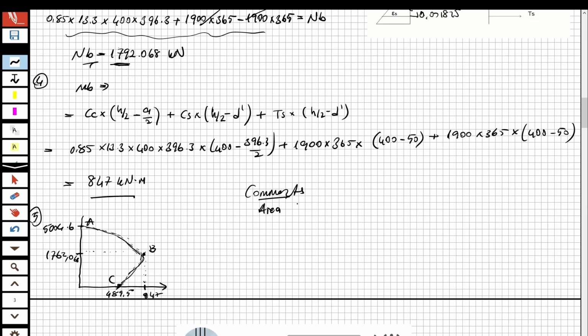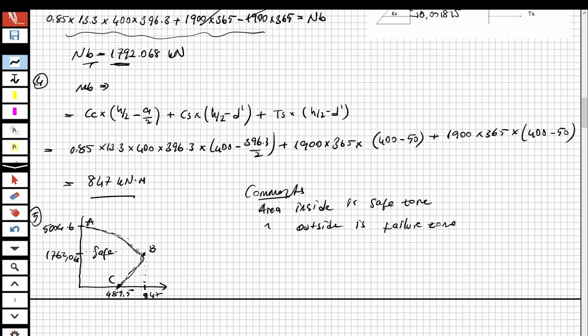Area inside is safe zone, and area outside is failure zone. So this is safe and this is failure.